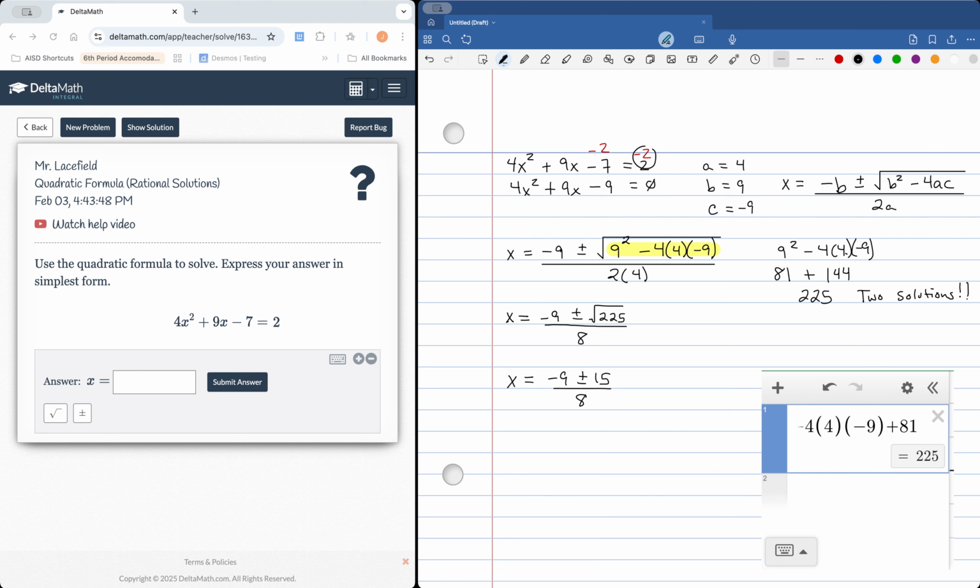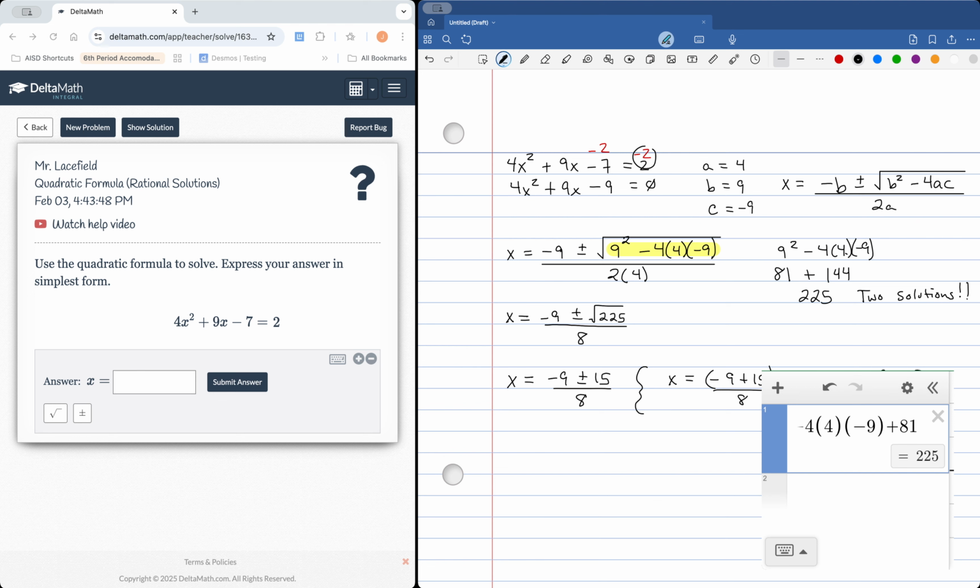All right, we'll go ahead and set this up as 2 possible solutions. x is equal to negative 9 plus 15 divided by 8, and x equals negative 9 minus 15 divided by 8.